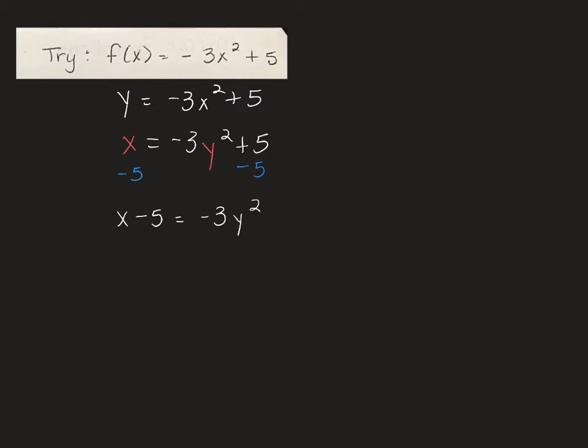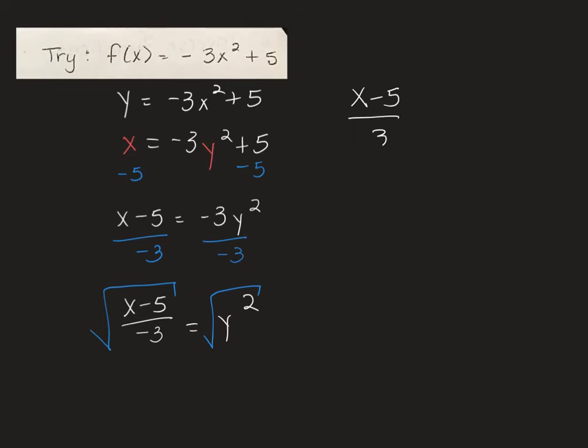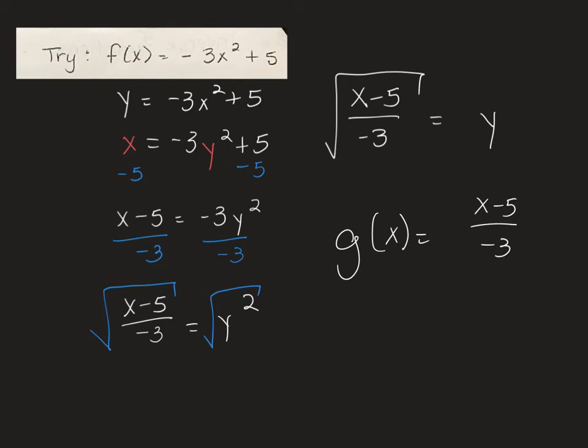Okay, we're then going to divide by negative 3 on both sides. Okay, we have y squared. Take the square root of both sides, and you tell me that there's a square root over there, so you would then tell me g of x equals. Okay? So that's just with a squared.